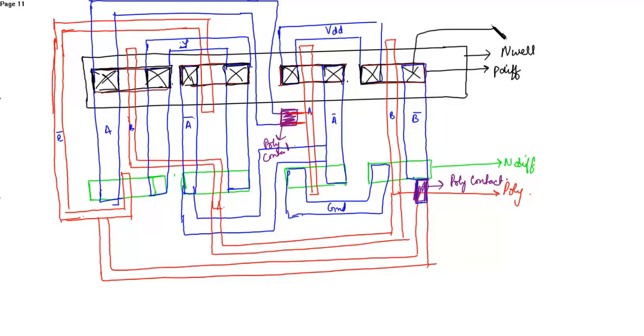This is the P diffusion contact. As you have seen, this is the P diffusion contact. Similarly, contacts over here. These are the N diffusion contacts.